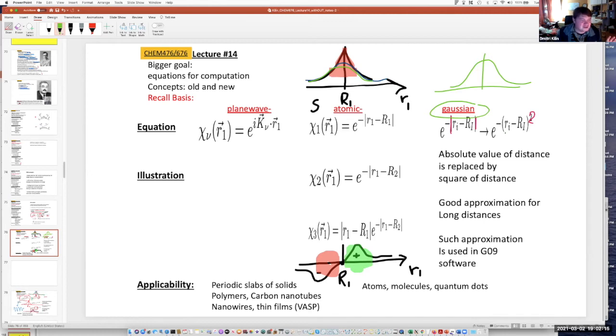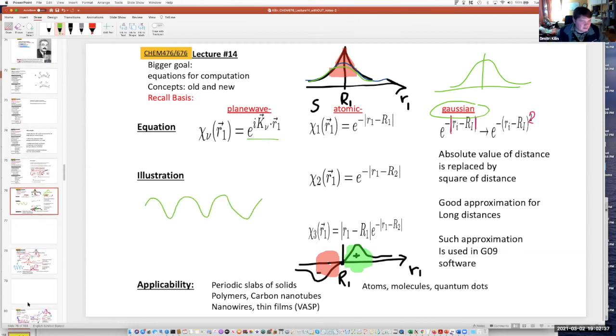Now they know more than I do about basis sets. In preparation for our future life in the course, I want to bring up that in addition to these atomic centered orbitals, there are also plane waves, which are continuously distributed everywhere, not only in the vicinity of the atom.